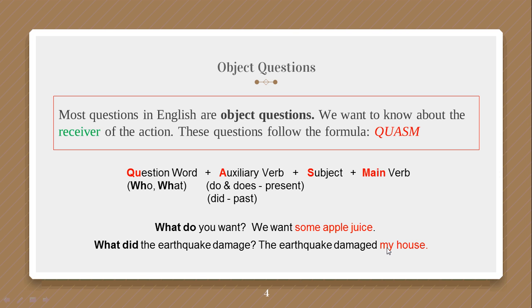Here we have my house, another thing, an object. We begin with what. What did the earthquake damage? The earthquake damaged my house. We're going to continue practicing later.